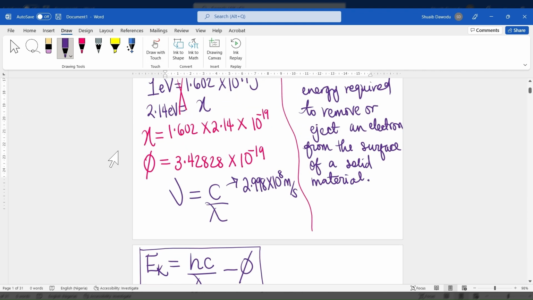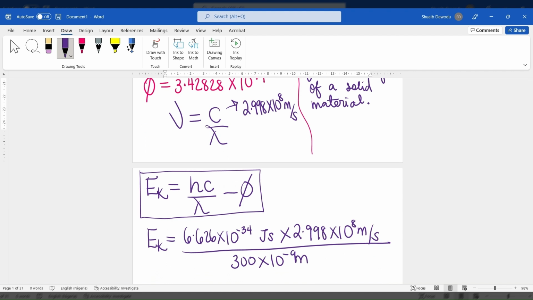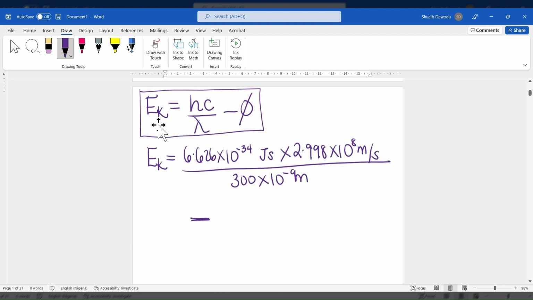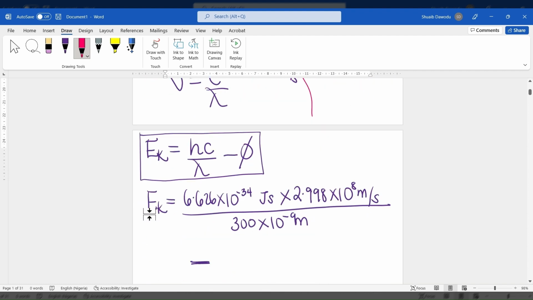We solved the work function to get 3.428 times 10 raised to the power of negative 19 joules. Forgot to add joules here, because we converted from eV to joules.